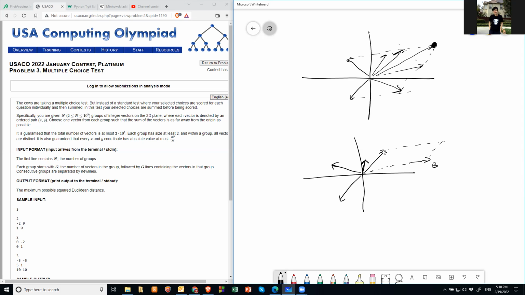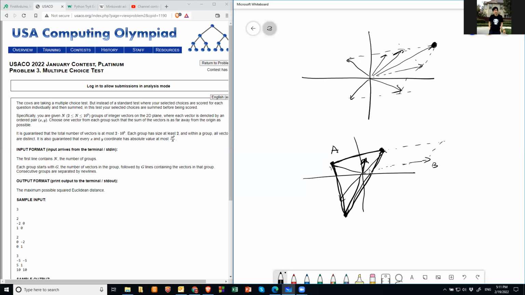So if you remember the convex hull problem, let me draw this here. If you think about this group A, you only need to use the vectors that form a convex hull.